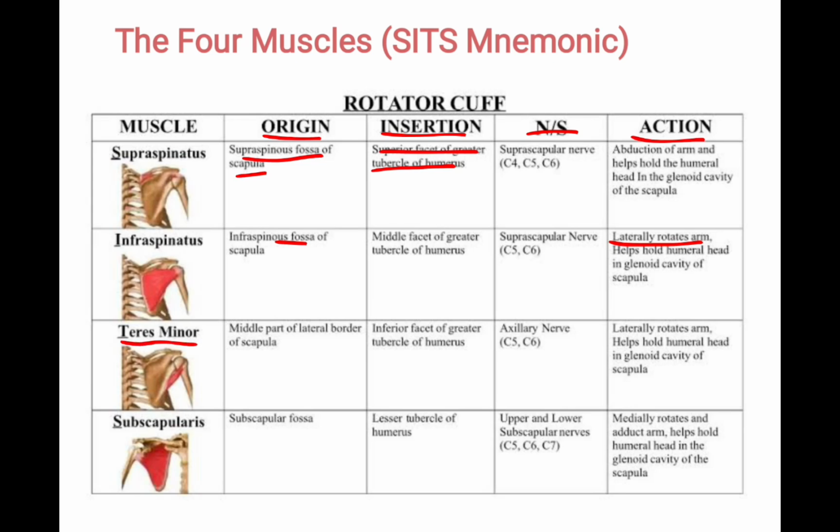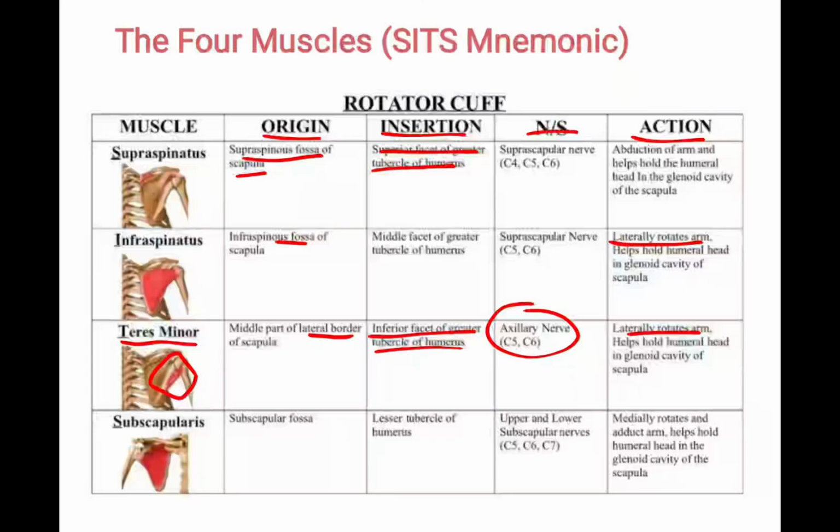Teres minor is a muscle located posteriorly in the shoulder, and it originates from the middle part of the lateral border of the scapula and inserts into the inferior facet of the greater tubercle of the humerus, supplied by the axillary nerve, and it laterally rotates the arm.